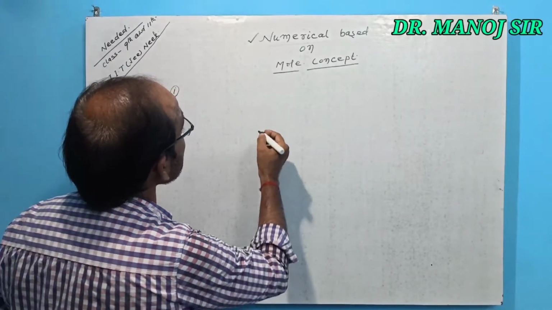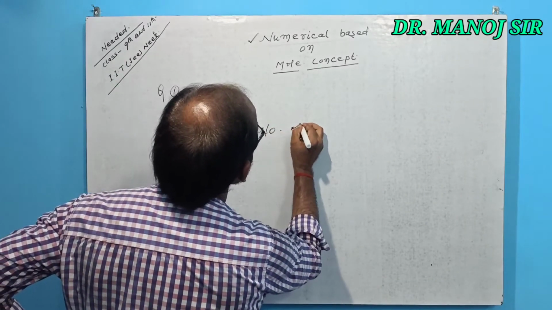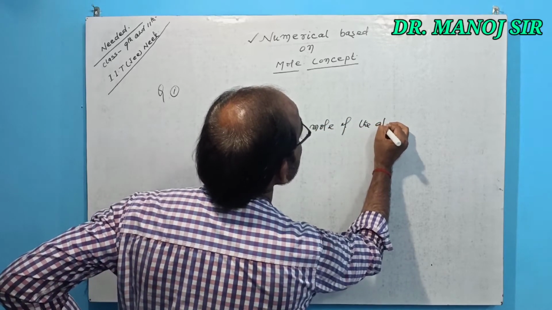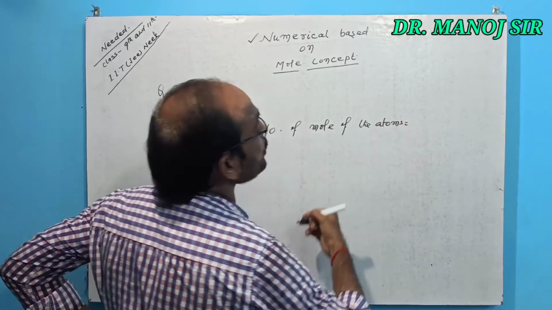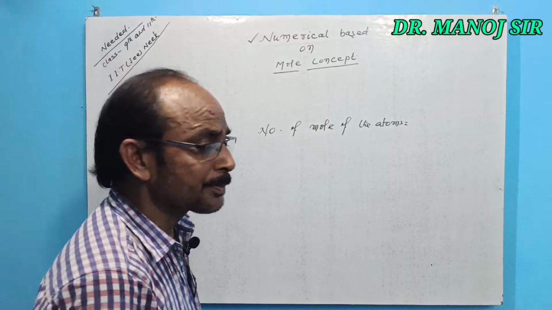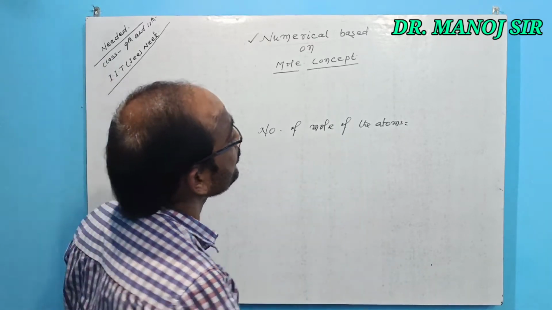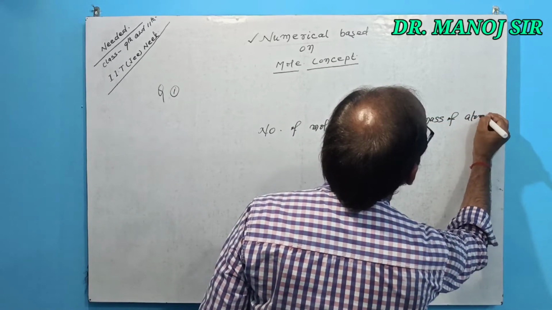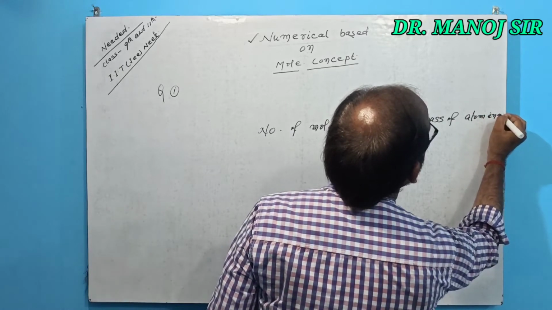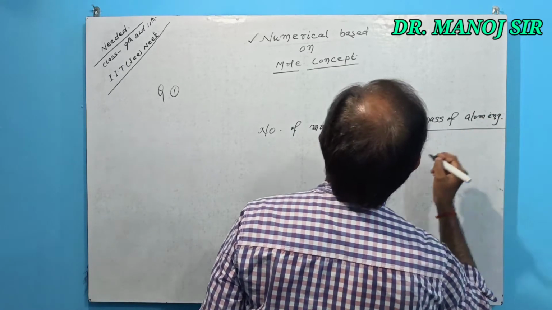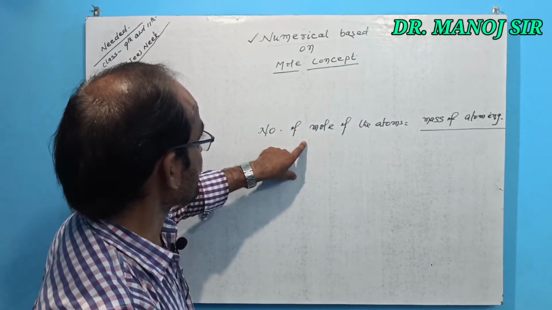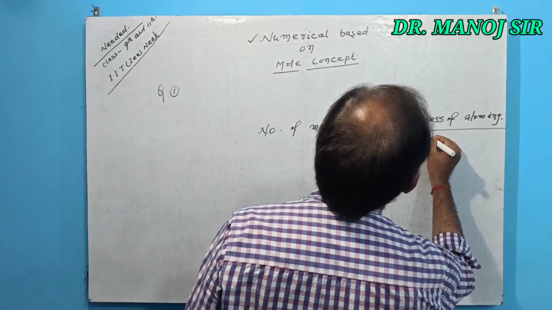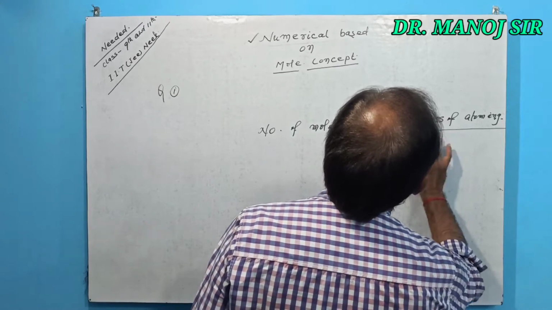Number of moles of the atom equal to mass of the atom in gram by atomic mass of the element.